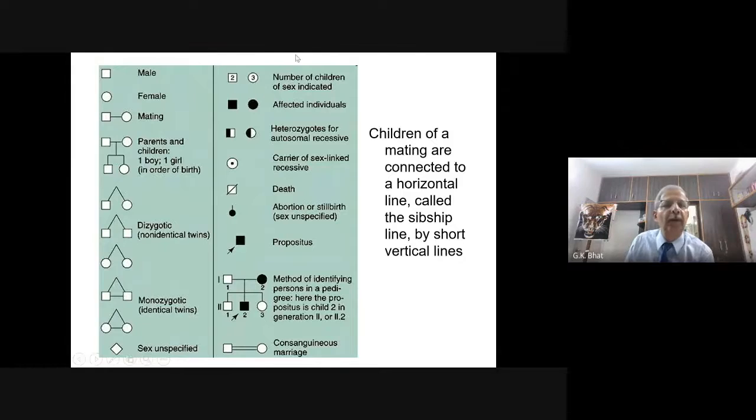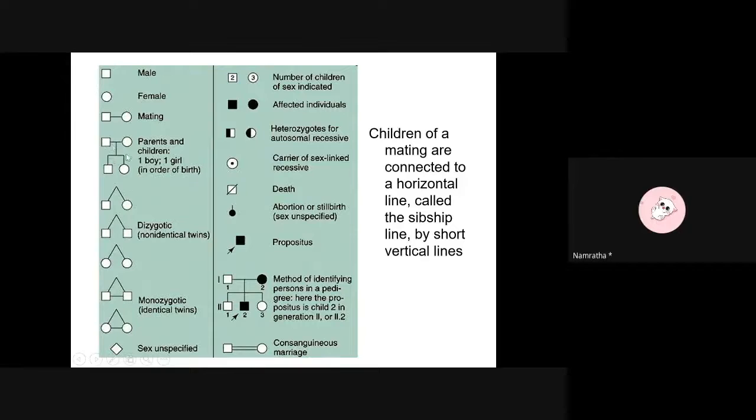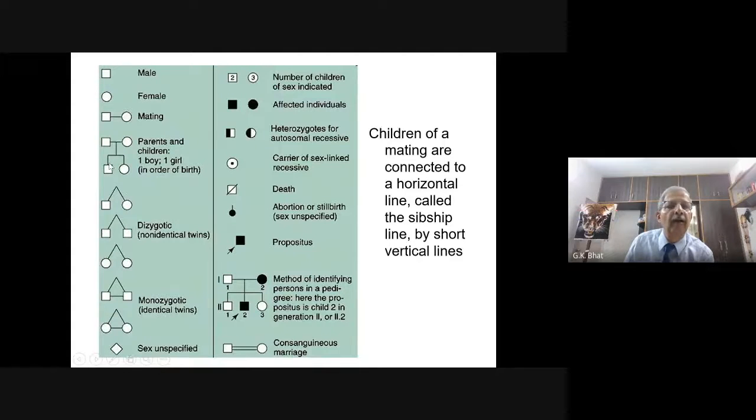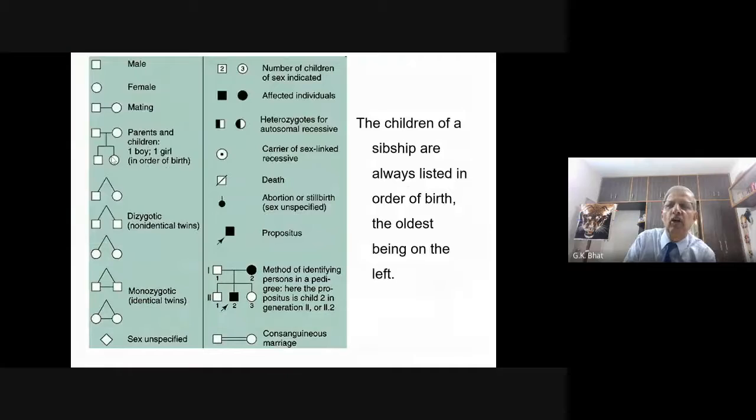Children of a mating are connected horizontally by a horizontal line, and this is called the sibship line. These are connected by a small vertical line. Need not bother much about it.